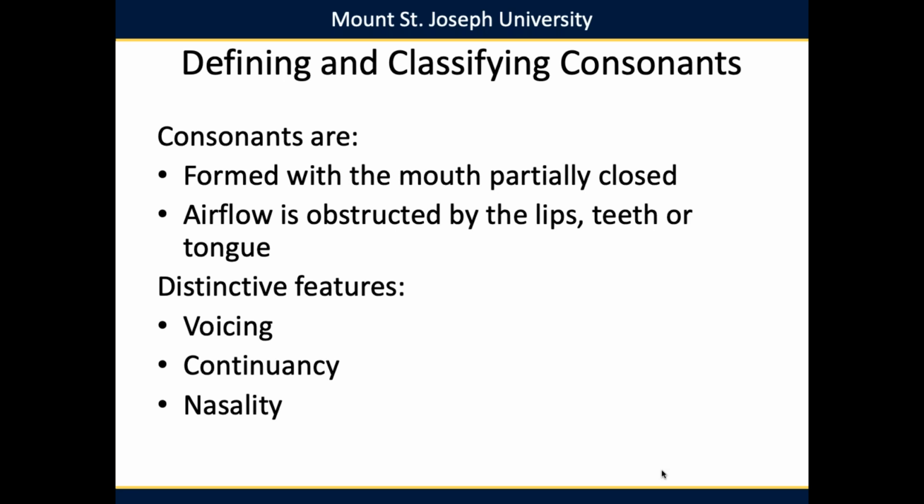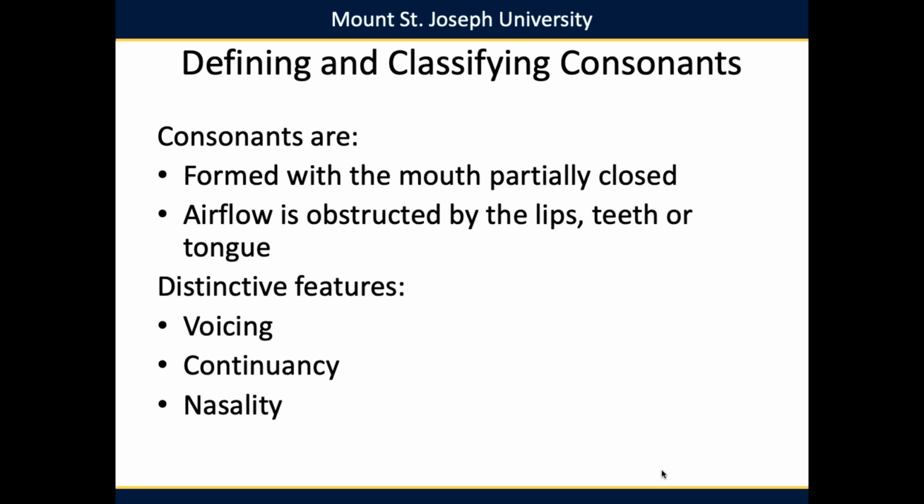We call these voiced consonants, and they include sounds like z, and j. So you can put your fingers on your voice box when you say the sound that's typically made by the letter Z, for example. Z, you feel that buzzing in your vocal cords. Other consonant sounds are unvoiced.